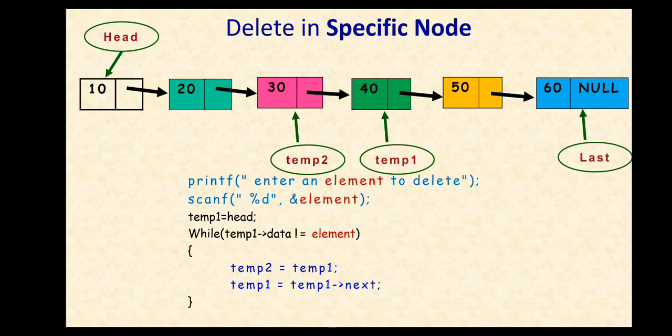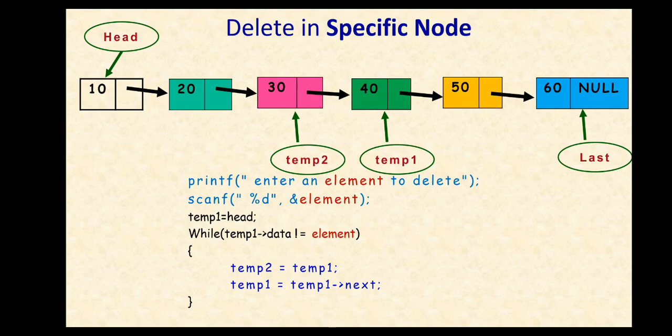If 40 is deleted in the list, then the node which consists of 30 should be linked to the fifth node. The third node should be linked to the fifth node, and the third node's next is equal to the fifth node's address. Where is the fifth node's address? The fourth node's next is nothing but the fifth node's address.